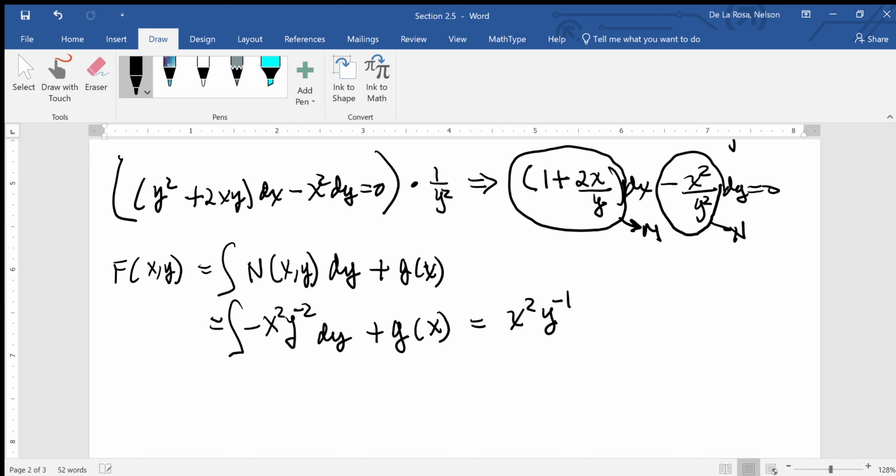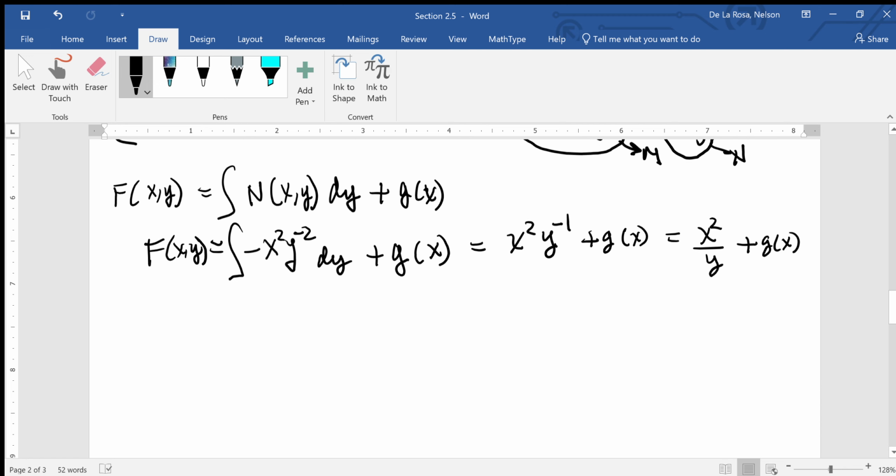Remember, negative 2 plus 1 is negative 1, divided by that new power, negative 1. So our negatives cancel, and then we have this as the form of f of x comma y.